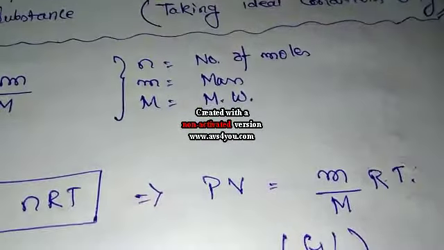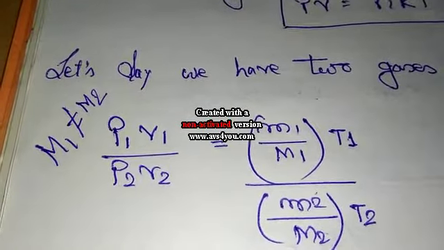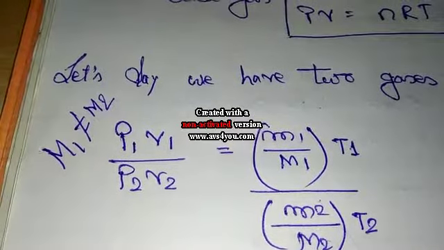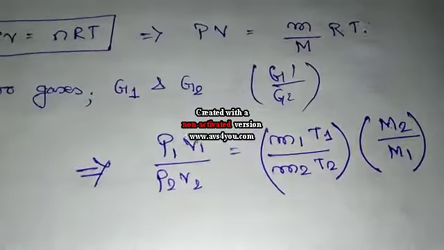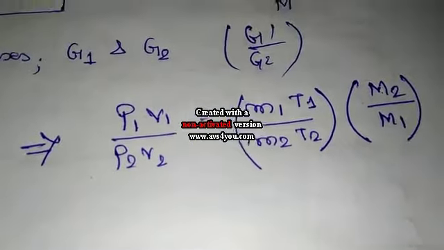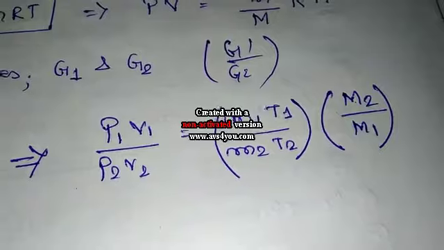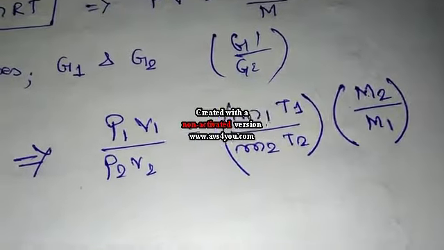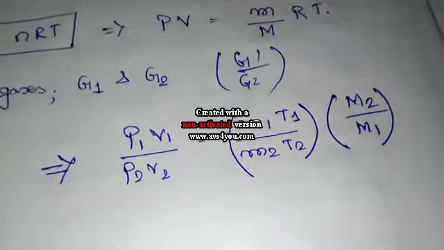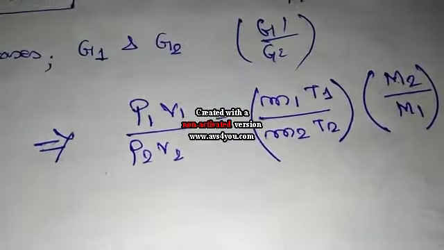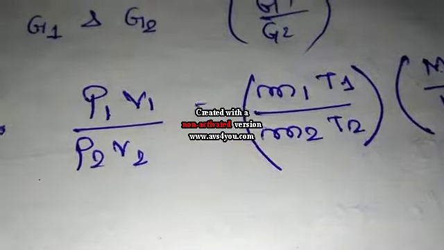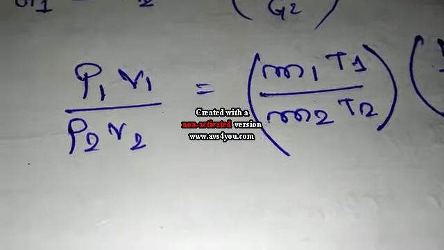Now the R here, which represents the universal gas constant, gets eliminated while taking the ratio. Now all we have to do is arrange this ratio. So let's do that. If we do that, we come to this equation: P1 V1 by P2 V2 is equal to m1 T1 by m2 T2 and M2 by M1. Now what we are going to do is take some assumption here. If we assume that V1 and V2 are equal and T1 and T2 are equal, now how is that possible?